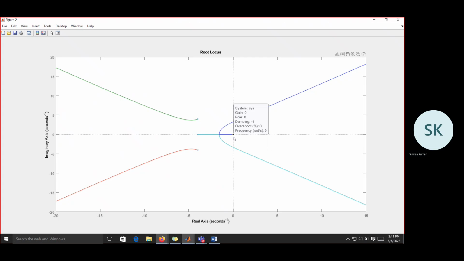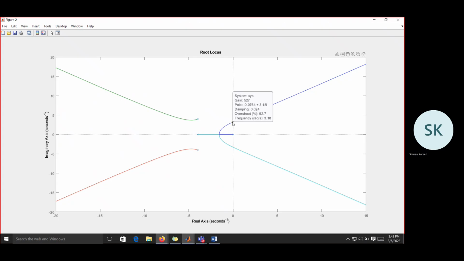Let us vary this point and see how it proceeds. See, gain is varying, gain is 37, and the pole location is changing. This pole reaches here, and here there is a breakaway point, and then it goes away like this.